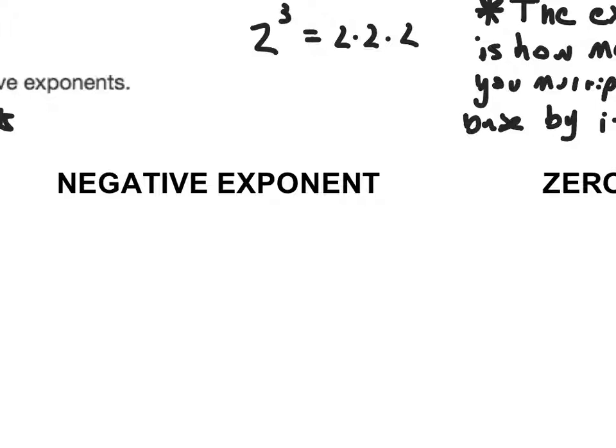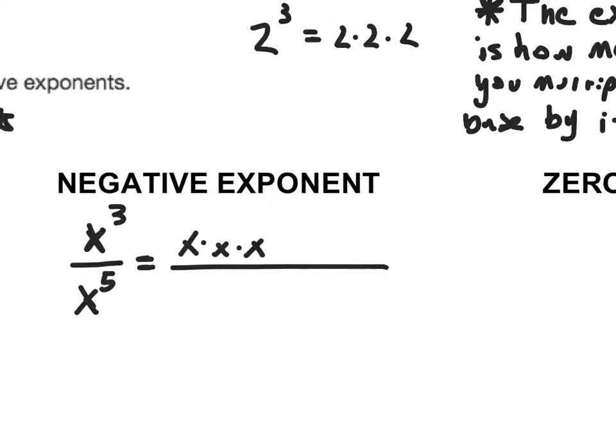Let's just jump right to variables here. Let's say I've got x to the third power divided by x to the fifth power. Let's multiply it out: x times x times x divided by x times x times x times x times x.